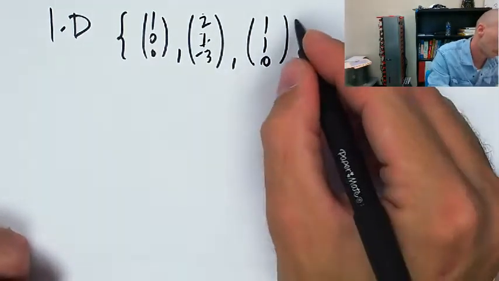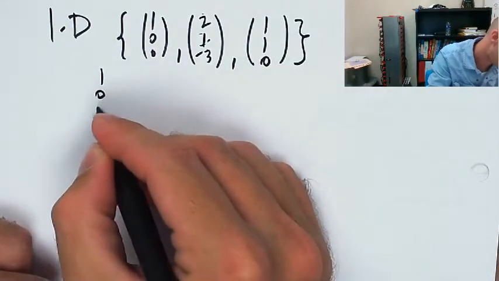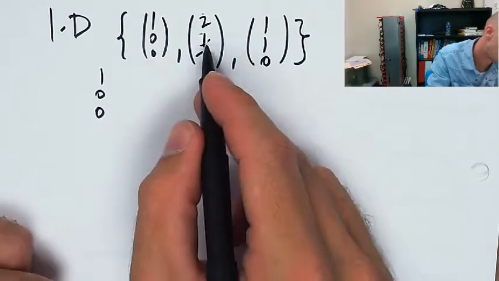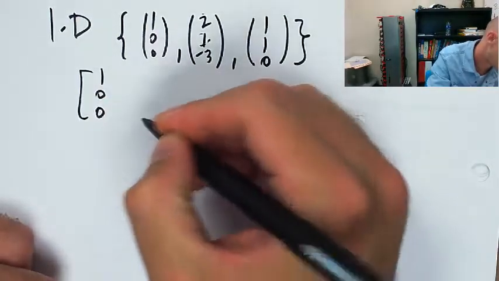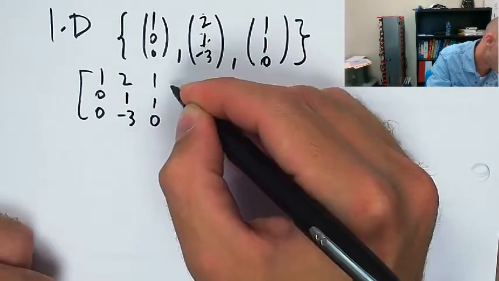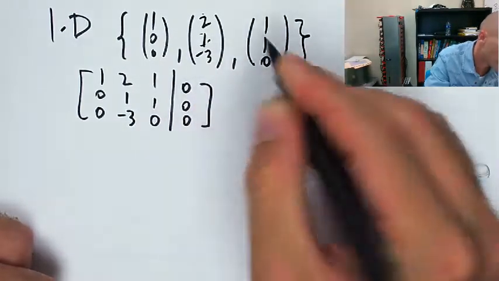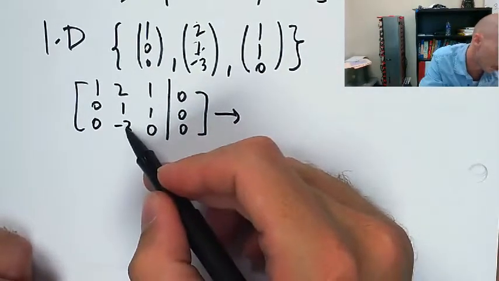So what I'm going to do is squash these together into a matrix to figure out how many of this one plus how many of that one plus how many of the other one I can add together to get the 0 vector back. Augment with the 0 vector, and have at it. First things first, turn that into a 1.